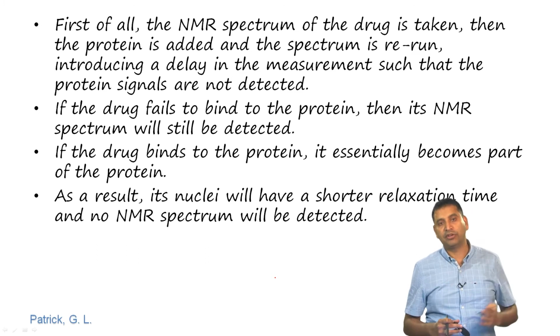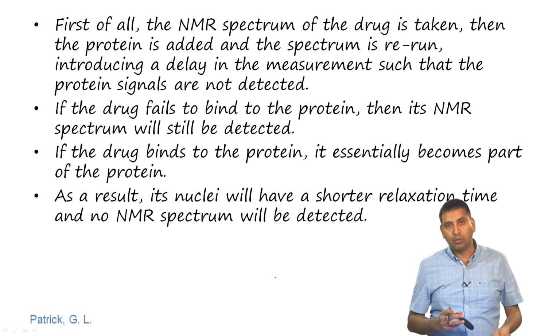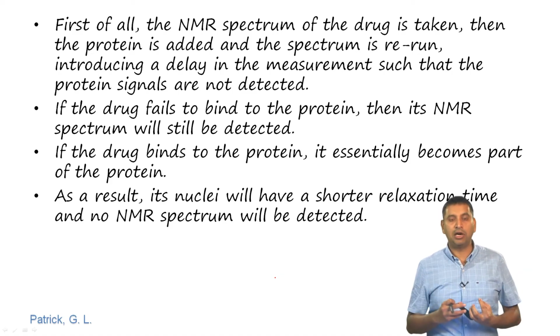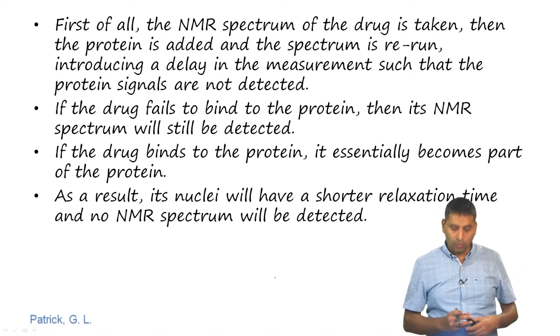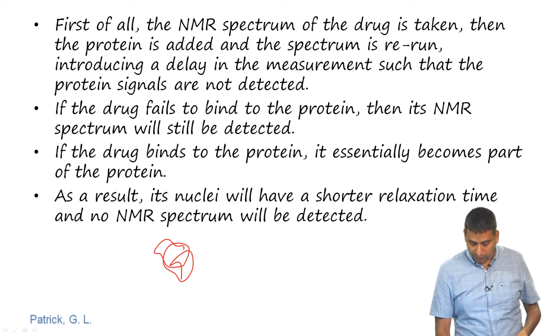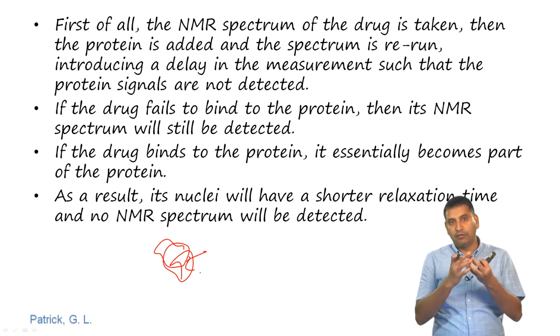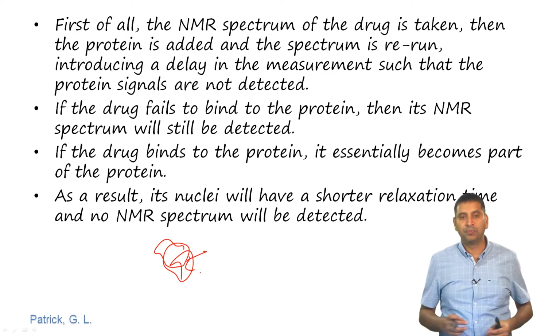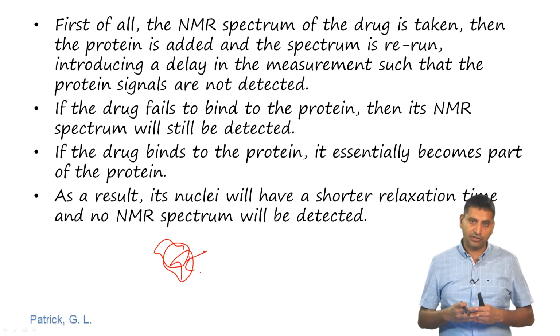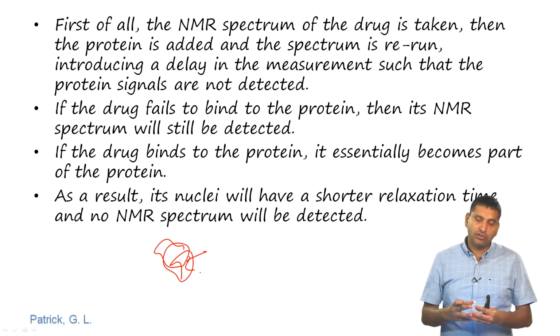That means you will have a pretty much identical NMR pattern. But if the drug binds to the protein, then it essentially becomes a part of the protein. Okay. So, once you have, let us say, the protein and your small molecule is stuck here, it becomes a part of the protein, and therefore, you will not be able to see any signal. This will result in a shorter relaxation time.